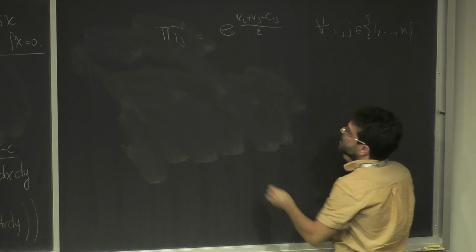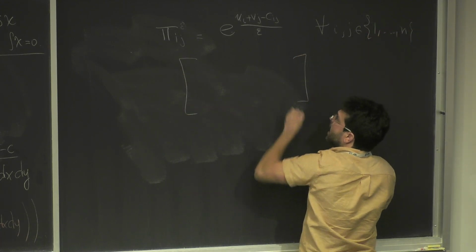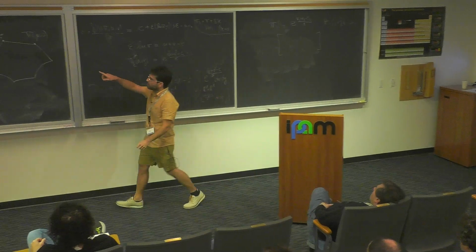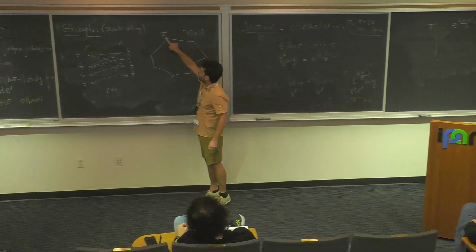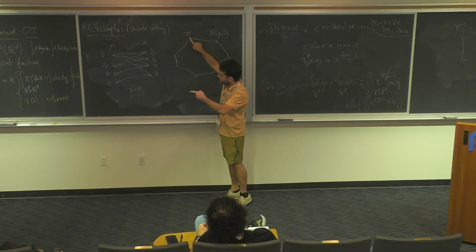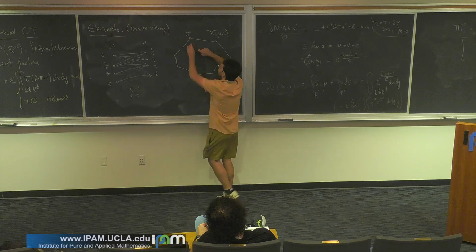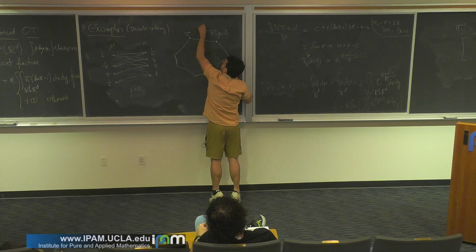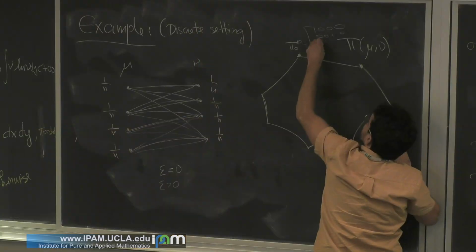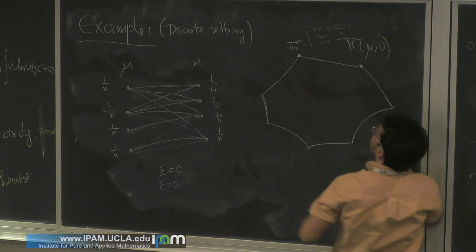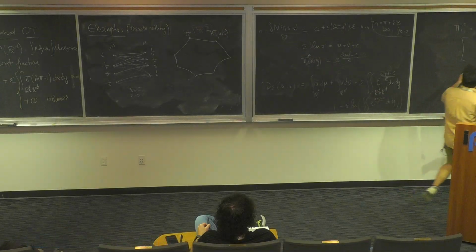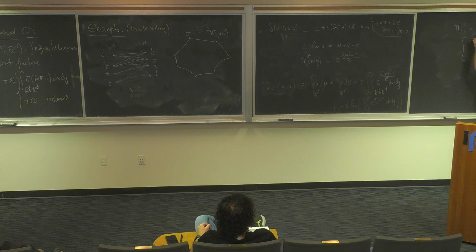So this is telling me that I have a matrix, and while in the classical optimal transport case, in every row and every column almost all entries are 0, so a permutation matrix is almost all 0, in this case I'm going to have also the exponential of something.